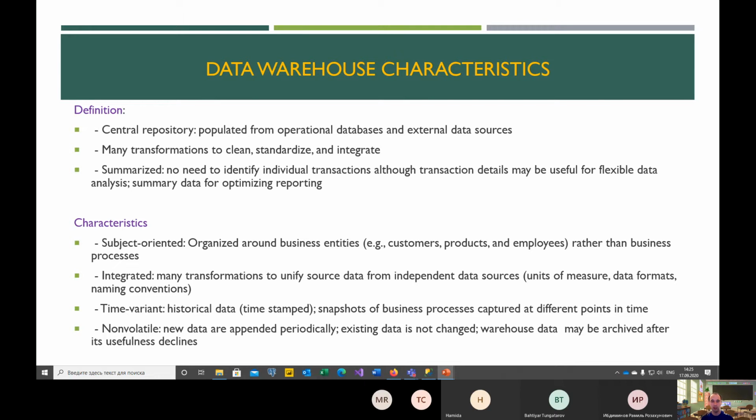There are also the characteristics of a data warehouse. It is subject oriented, so it is organized around business entities like customers, products, employees. It is integrated, so many transformations are made to unify data from different sources. And it is time variant, as there is an axis of time, so we need to have snapshots of different business processes at specific points in time.